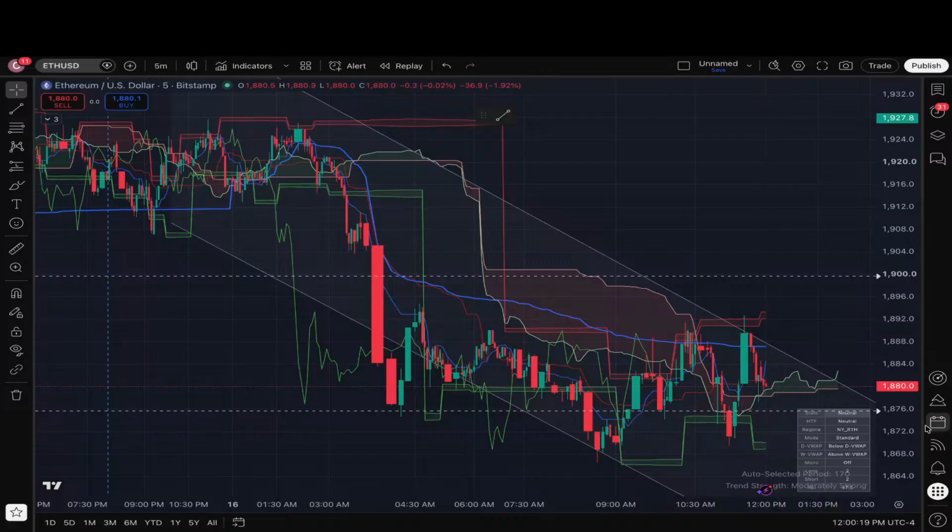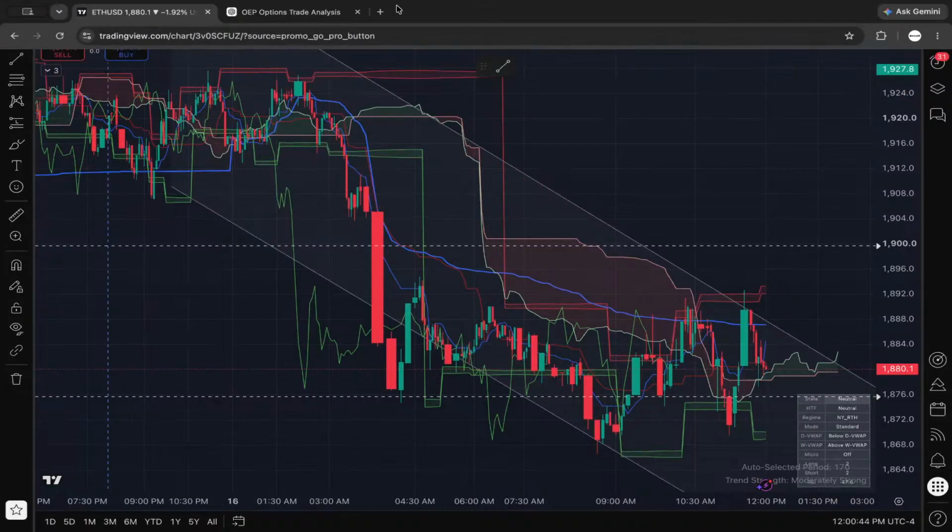But remember, we need to get out of this indecisive area of 1875 to 1892. Either way, we need to break out of here. We need to either go down more from this 1875 level, or we need to see a break through this resistance level at 1892 here.